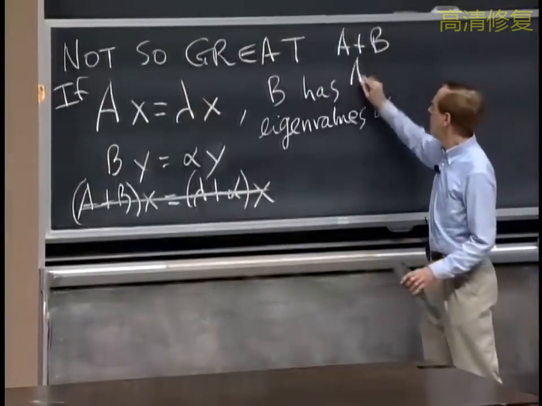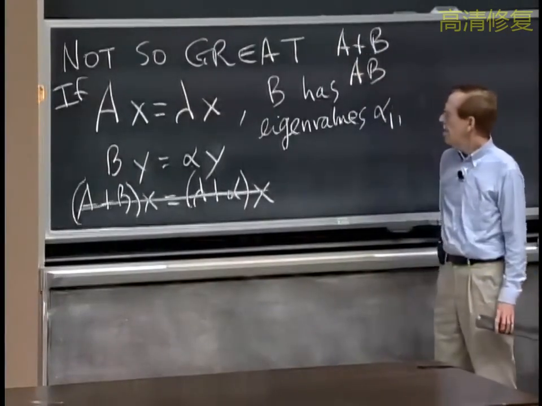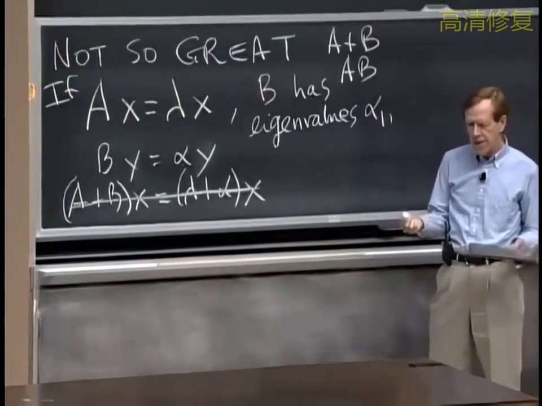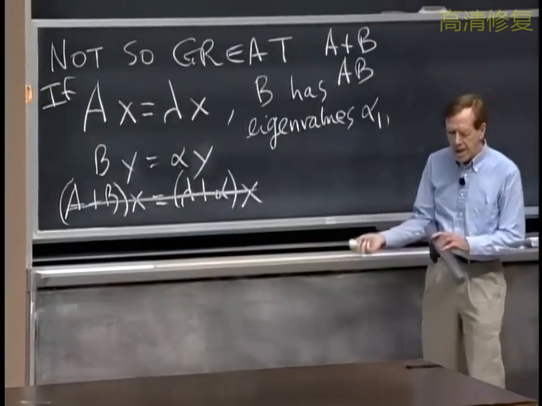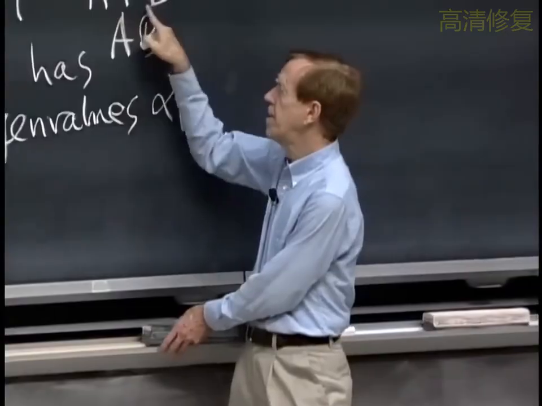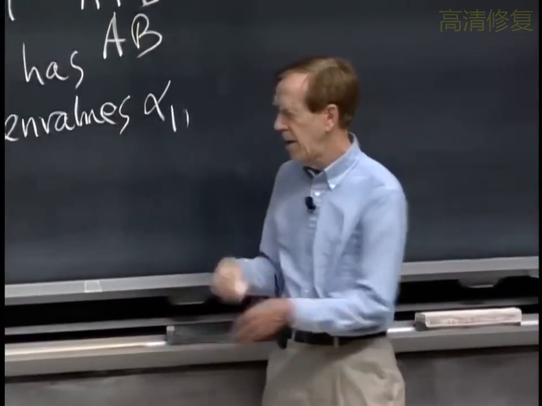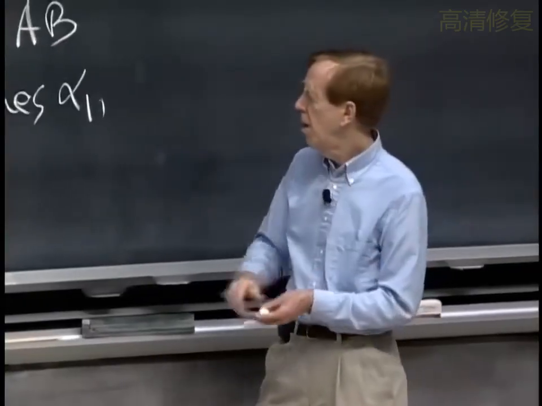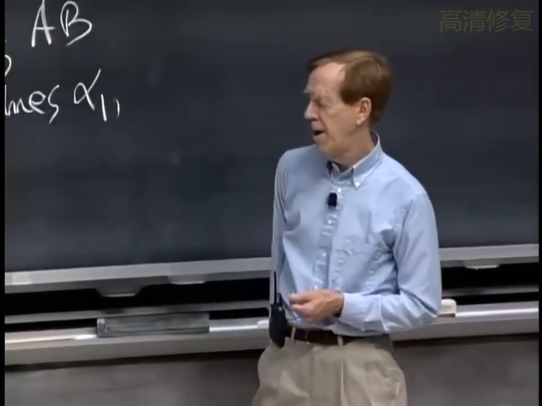Or A times B. Normally, the eigenvalues of A plus B or A times B are not eigenvalues of A plus eigenvalues of B. Eigenvalues are not like linear, and they don't multiply.